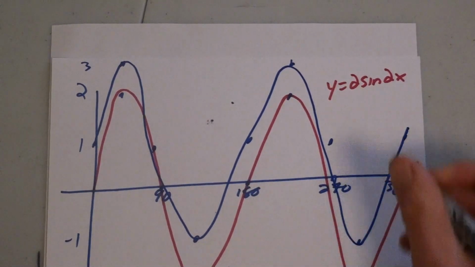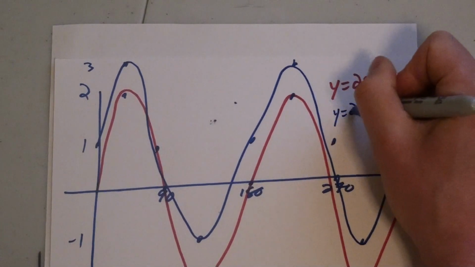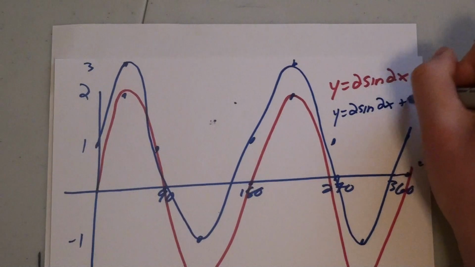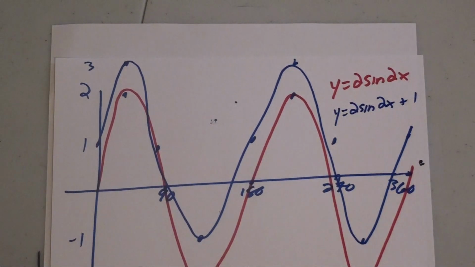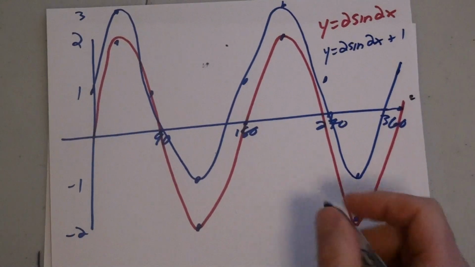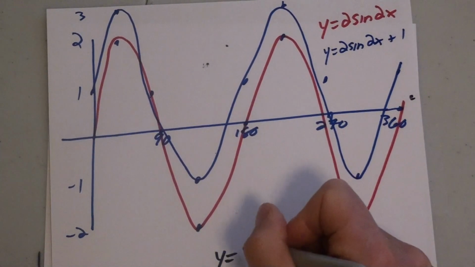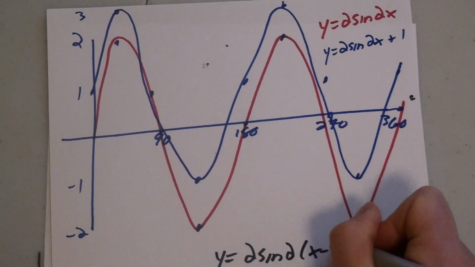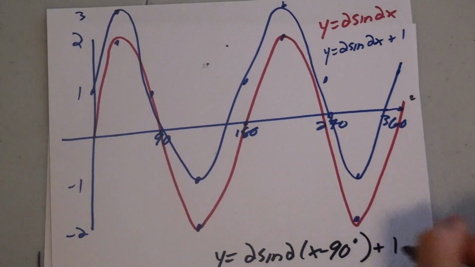Everything got shifted up 1. That created the function y equals 2 sine 2x plus 1. And the last thing I had to do was the actual final answer, which was y equals 2 sine 2 bracket x minus 90 degrees plus 1.